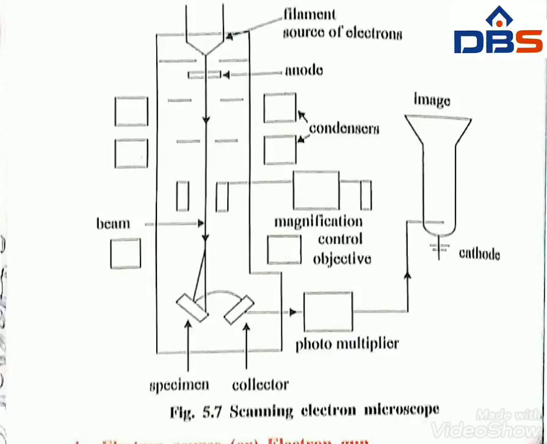Fifth unit, Surface Chemistry and Applications. Today we discuss scanning electron microscopy. Scanning electron microscopy is the most popular and widely used technique for the characterization of nanomaterials and nanostructures.